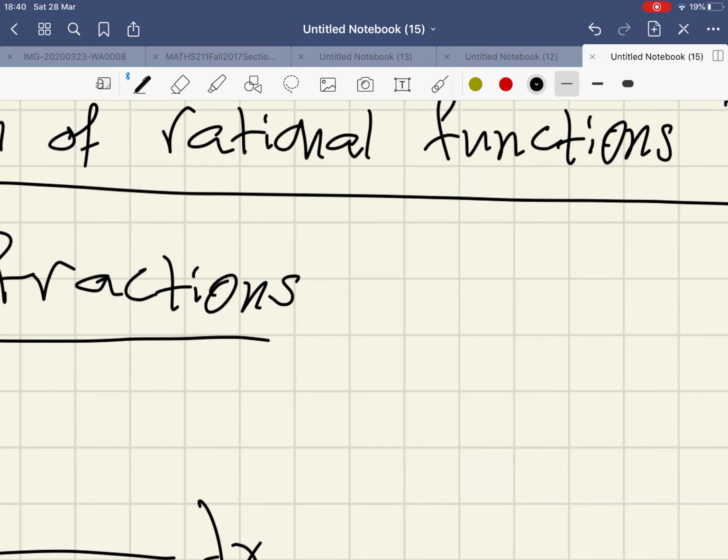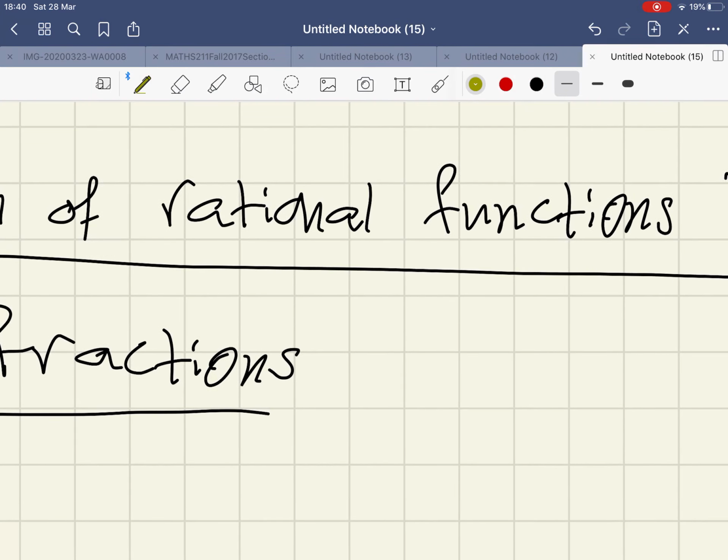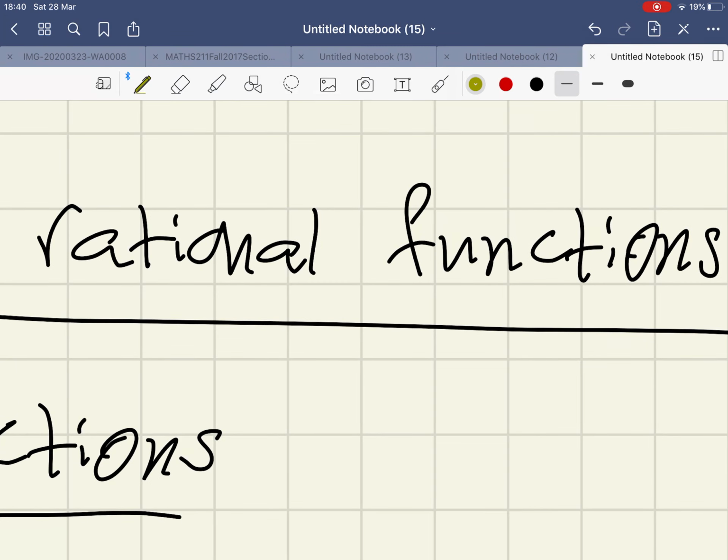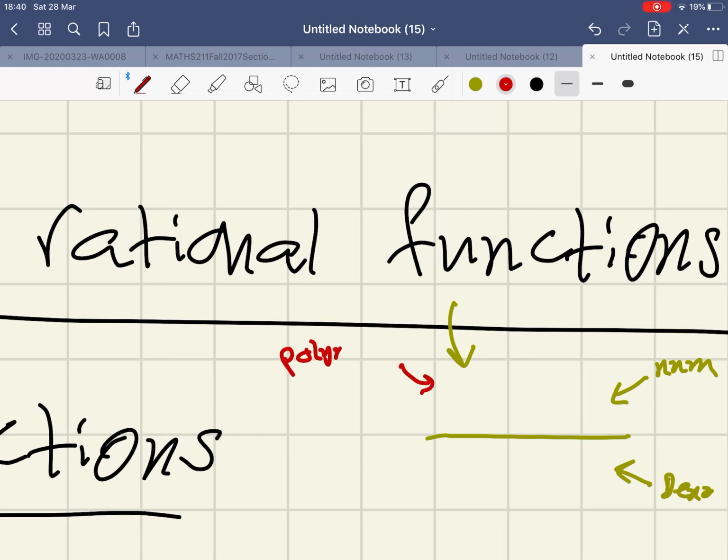So in short, let me try to explain rational functions up here. A rational function, from the name rational, has a numerator and a denominator, and both the numerator and the denominator are polynomials.